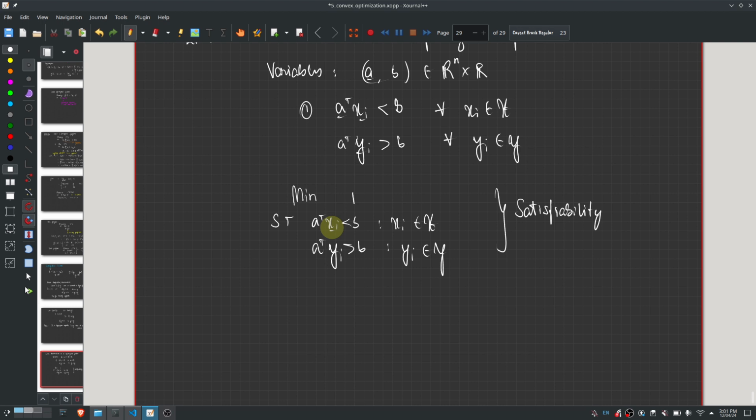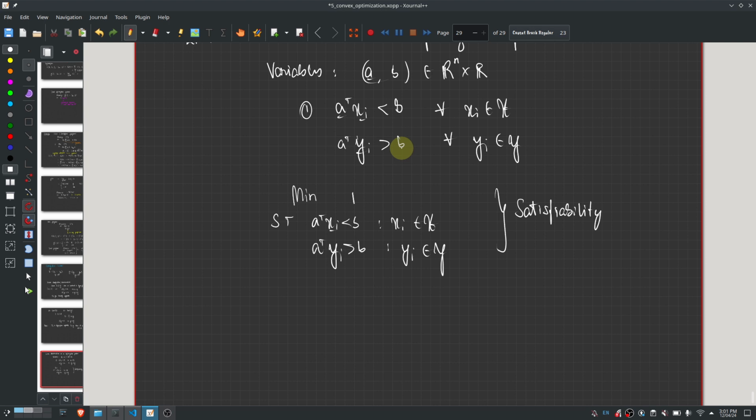How many hyperplanes exist that satisfy these properties? Infinitely many. Always? So why do there exist infinitely many hyperplanes or infinitely many solutions to this particular statement?